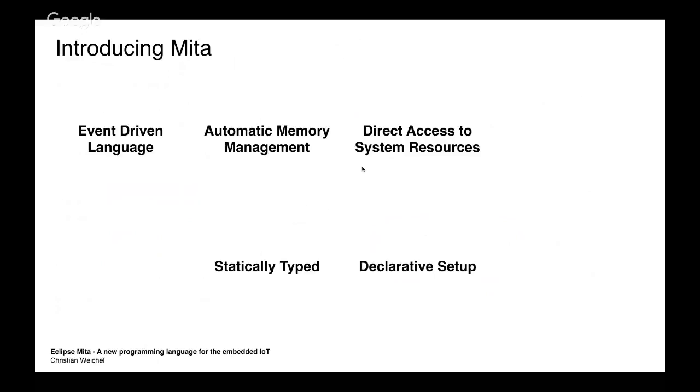Then you get direct access to system resources. Again, we've seen that in the demo, where we had direct access to the accelerometer data in our code. And at the same time, we have a declarative setup where we can configure the system resources that are available to us on that specific piece of hardware that we're writing code for. And the difference here compared to how this is traditionally done, where you would have some initialization code that gets called at startup, is that this is based on a description of the hardware.